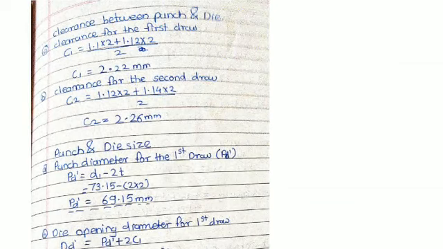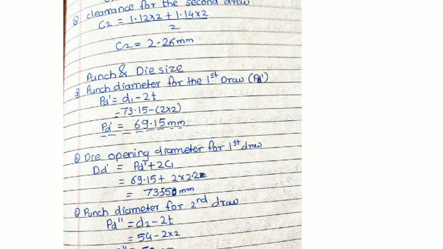The next point is punch and die size. Punch diameter for the first draw, PD1, is given as d1 minus 2T, where small d1 is the diameter at the end of the first draw, minus 2 into the thickness of the sheet metal, which is 2. Therefore, PD1 is 69.15 millimeters.